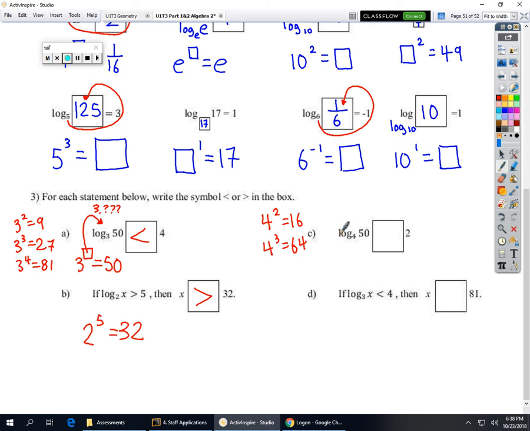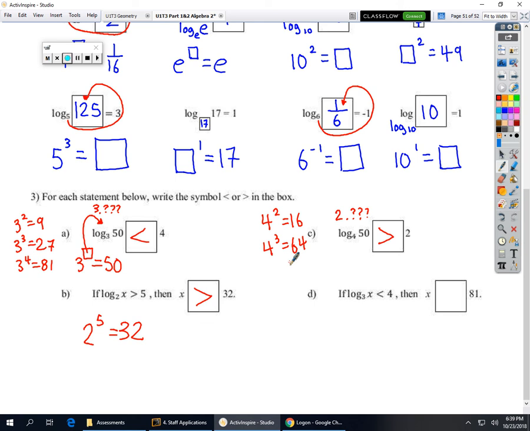I know that this whole thing is supposed to be between 2 and 3. It's 2 point something. Well, if it's 2 point something, it's definitely greater than 2. Greater than. Now, you can use a calculator and use the log base button to get an answer. That's a pretty short way to get the answer. This is more of a conceptual way here.